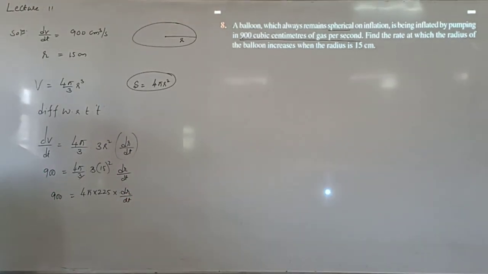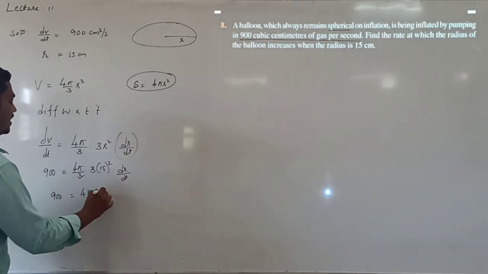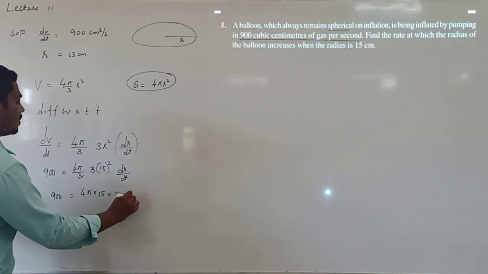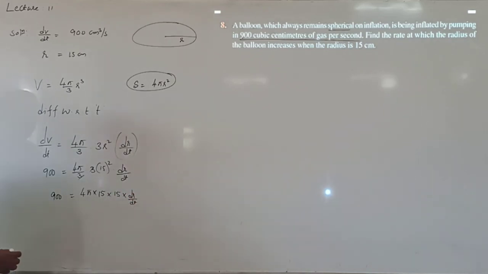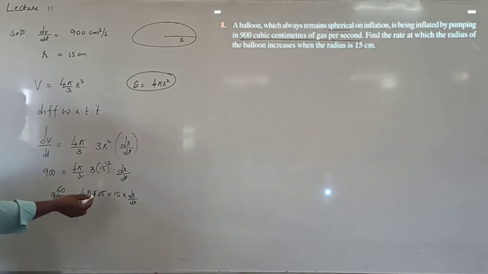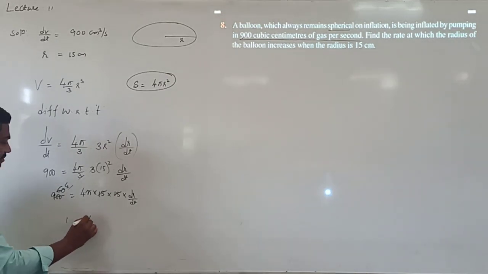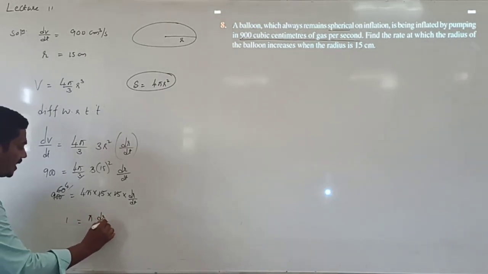Otherwise, instead of writing 225, just write 15 into 15 into dr by dt. 15 sixes are 90, and 15 ones are 15, fours cancel, so 1 is equal to pi into dr by dt.